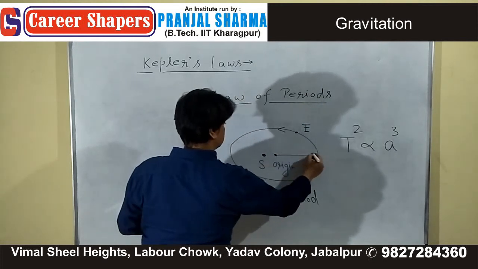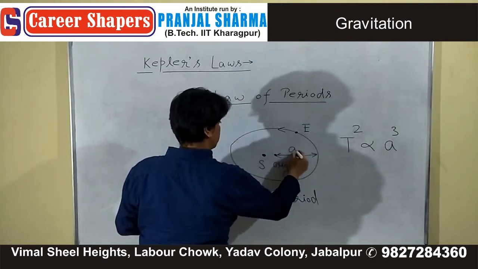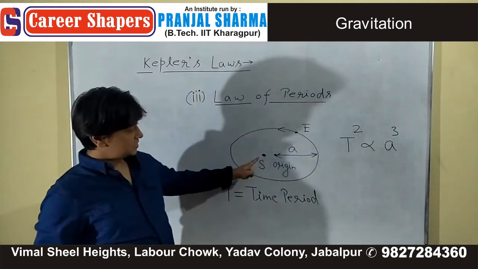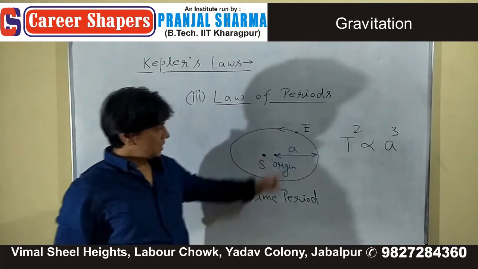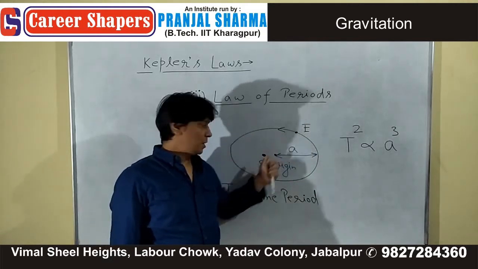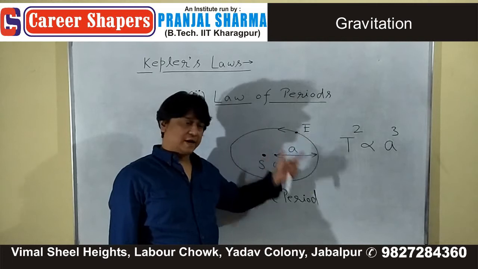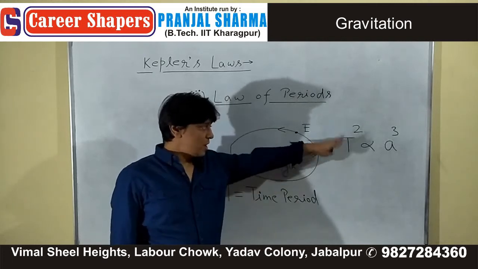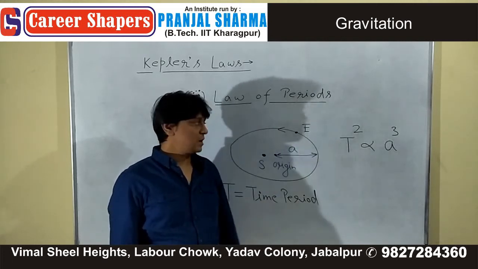This distance is A. This is the Sun at the focus. The time to complete one rotation about the Sun, which a planet takes, its square is proportional to what? A cube.